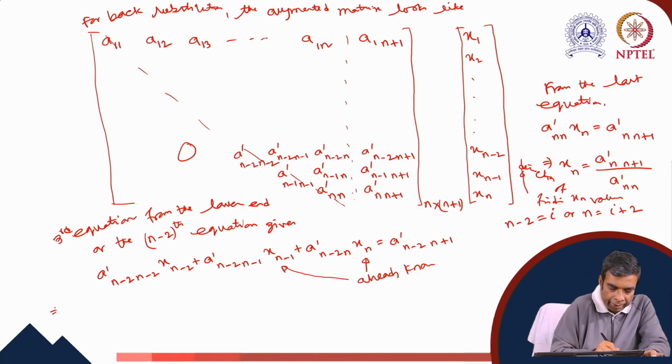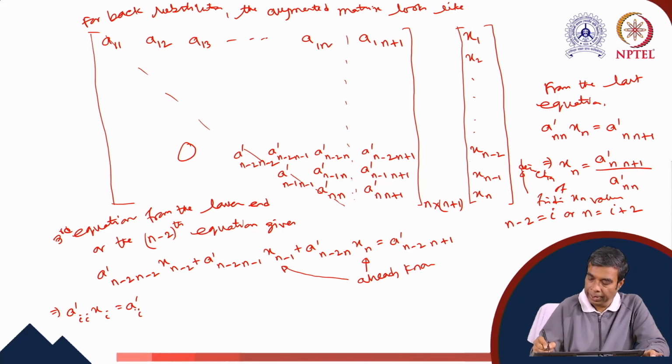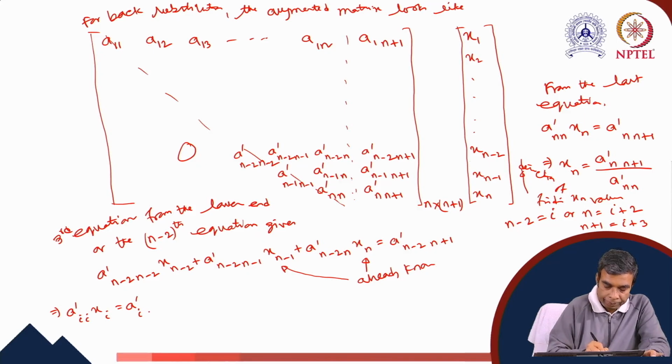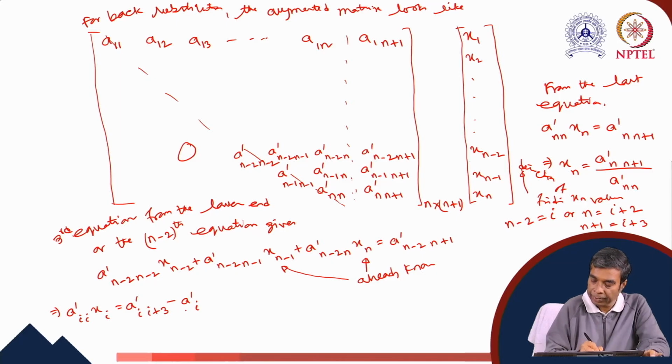So here A dash n minus 2 is i, and xi equals A dash n minus 2 is i. So n is i plus 2, so n plus 1 is i plus 3. So A dash i plus 3 minus the two summation terms will be added up. This is A dash i. So n minus 1 is i plus 1.